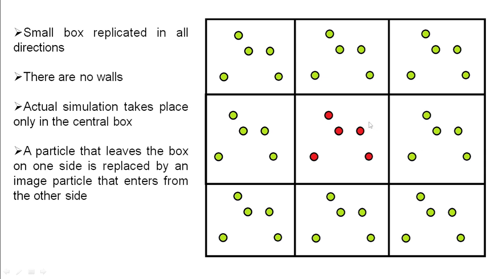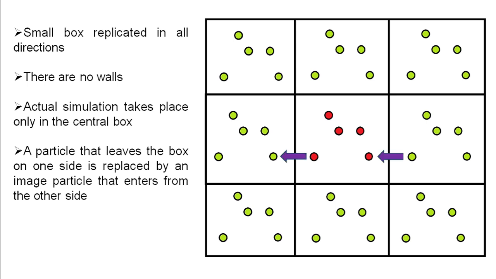So the total number of particles remains fixed within the central box. Now you may ask, what will be the fate of this particle? It enters into the next simulation box, because there are an infinite number of simulation boxes we are approximating, just to keep the number of particles in this central simulation box constant.